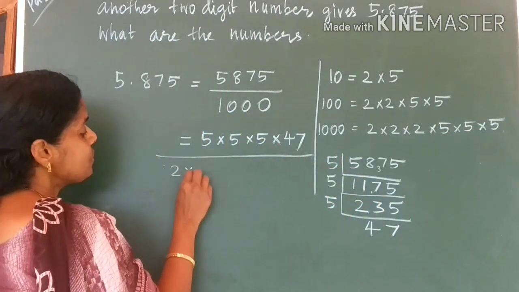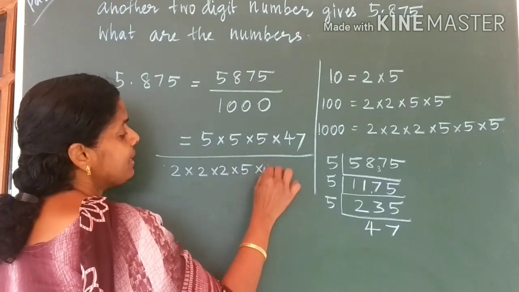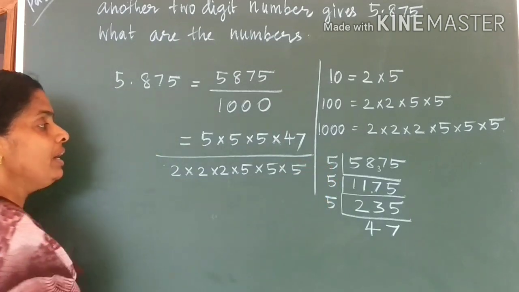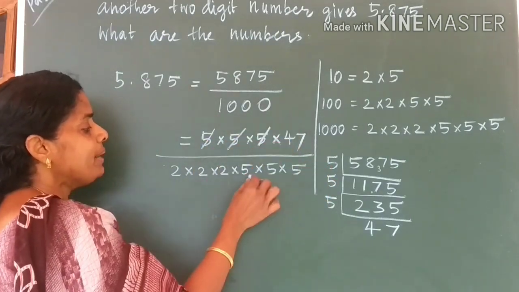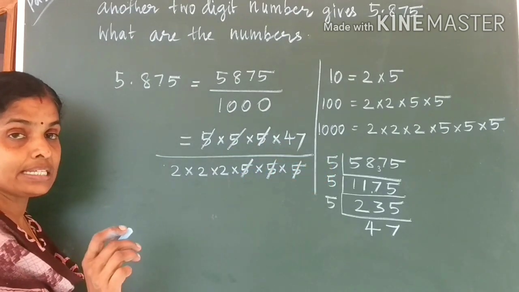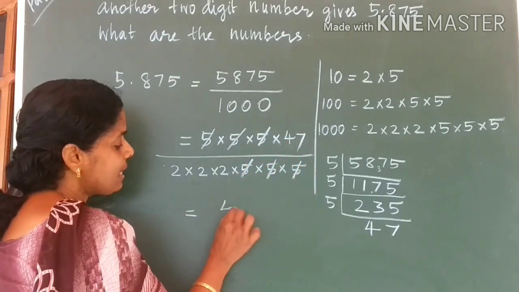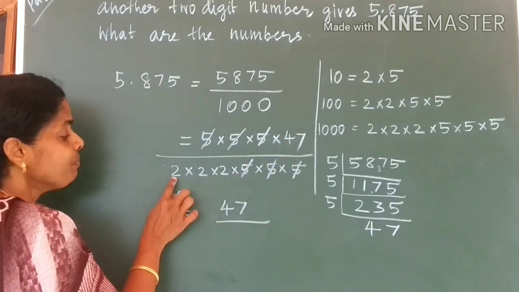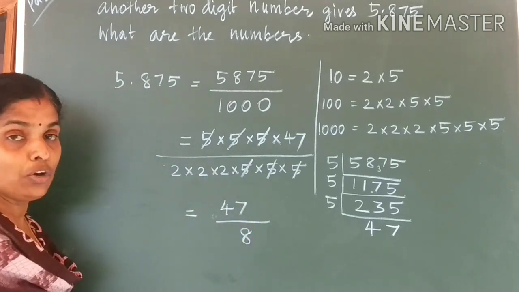So I will get 2 into 2 into 2 into 5 into 5 into 5. Now you have 3 5s in the numerator as well as in the denominator. It can be cancelled. So what remains here? You get 47 in the numerator and 2 into 2 into 2, 8 in the denominator.